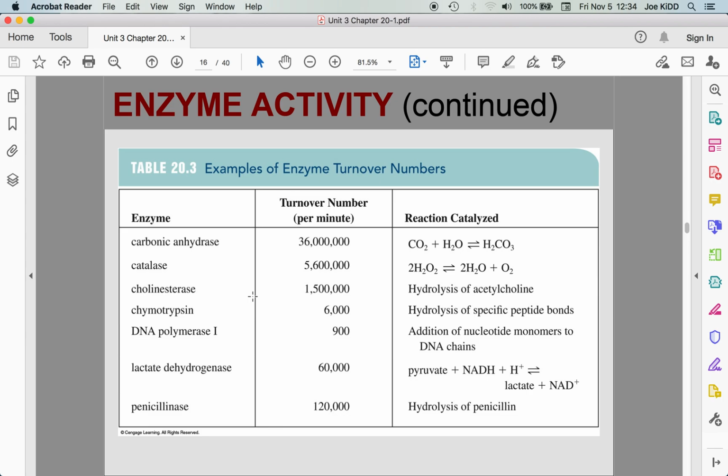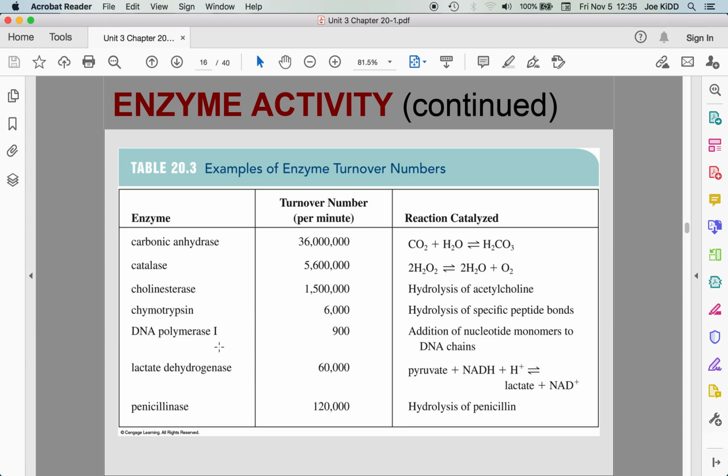So turnover numbers for enzymes vary greatly. Some go very, very slow, some go very, very fast. Remember, this is the number of substrates that get acted upon or turned over by a single enzyme in 1 minute. So carbonic anhydrase, in 1 minute, one enzyme of carbonic anhydrase will catalyze this reaction 36 million times.